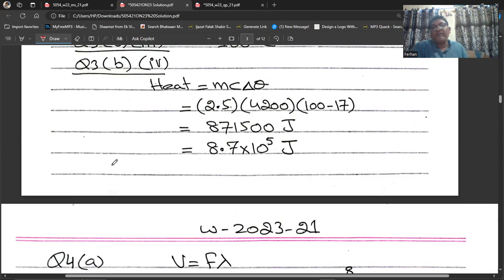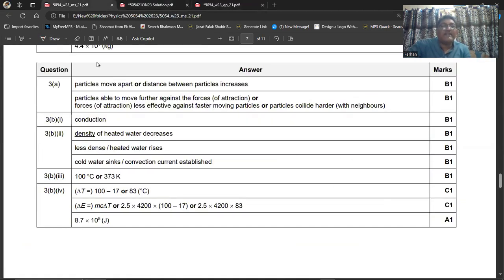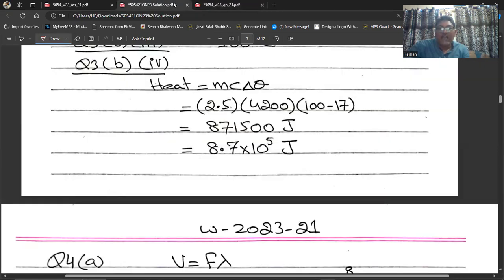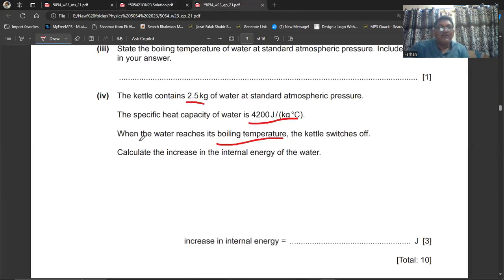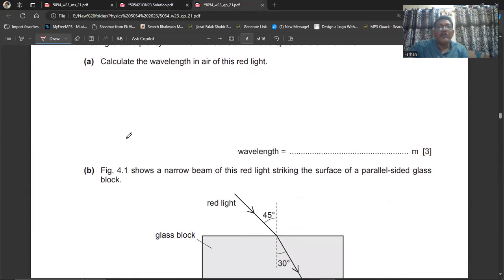So m is 2.5 kg, c is 4200 joules per kg per degree centigrade, change in the temperature is 100 minus 17. When you do this calculation, you get 8.7 x 10^5 joules. 8.7 x 10^5 joules is the right answer. I hope you understand this numerical. So we are going to the next question.